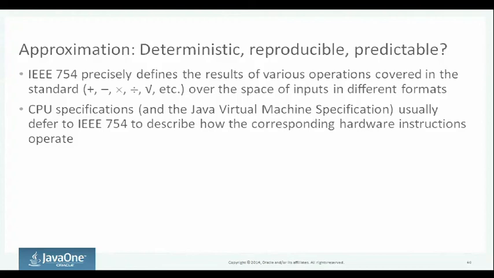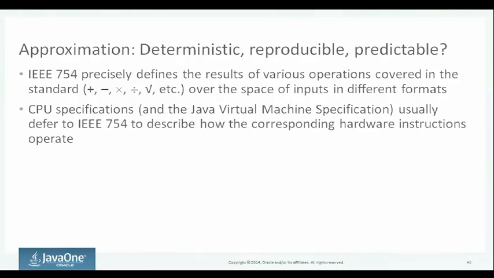Well, if you look at the IEEE 754 standard, which has long been the standard for floating point, it does in detail define the results of the various operations you want. It defines the formats and the values and everything, so all this is very well defined. And if you look at the specification for CPUs, and for this purpose, the Java virtual machine specification counts as a CPU specification, you'll see something that almost always defers to IEEE 754 in terms of the definition.